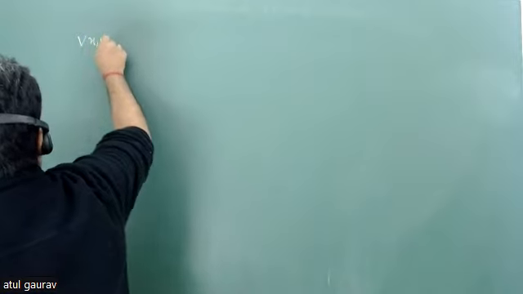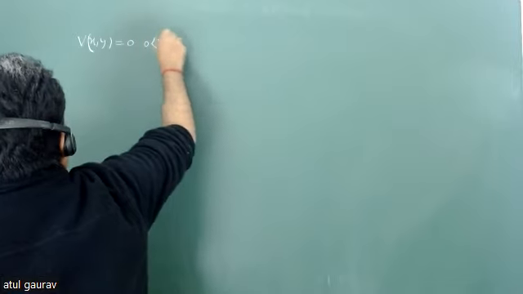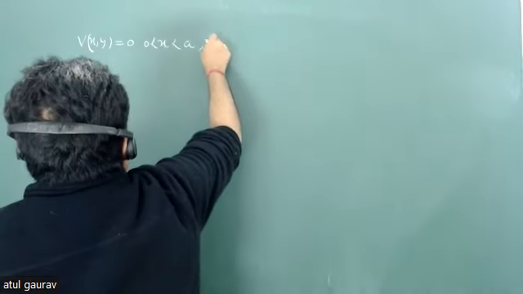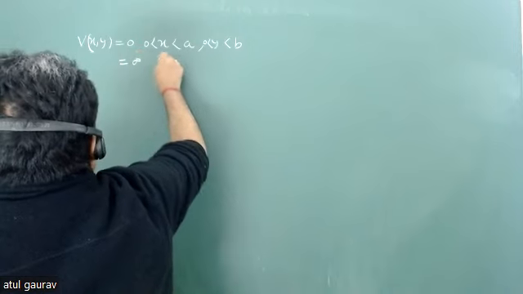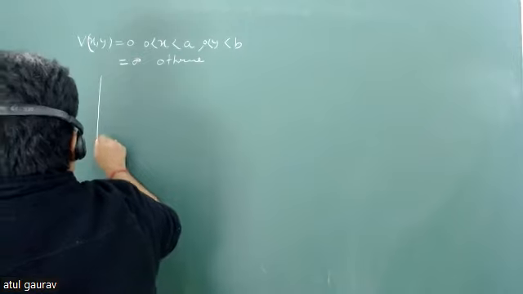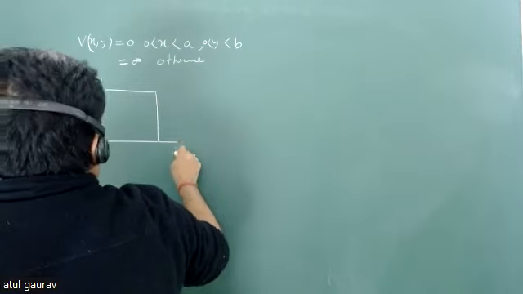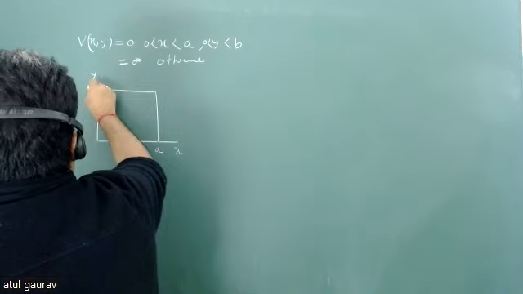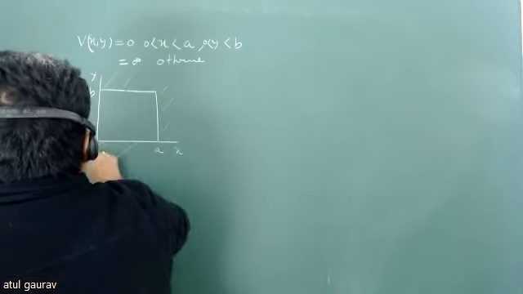So let's take the potential V(x,y) equal to 0, where x is between 0 and a and y is between 0 and b, and infinity otherwise. If we want to plot this potential, this is my x, this is my y, this is a, this is b, and outside this region we have infinite potential.